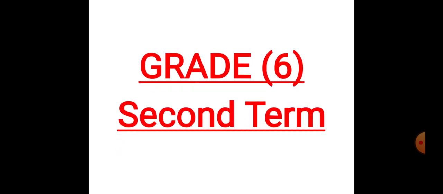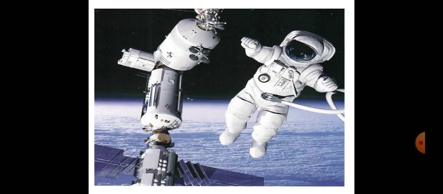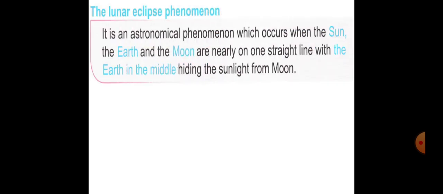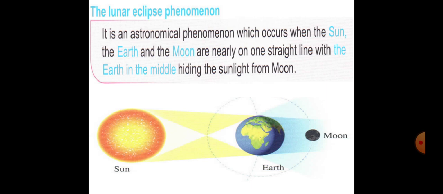Today, I'd like to talk with you about the second lesson in Unit 3, which is called the lunar eclipse. The lunar eclipse is an astronomical phenomenon which occurs when Sun, Earth, and Moon are nearly on one straight line with the Earth in the middle, hiding the sunlight from the Moon.